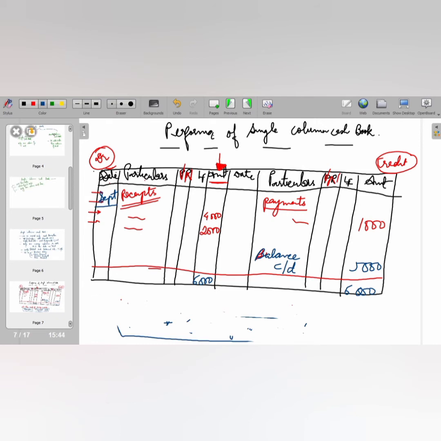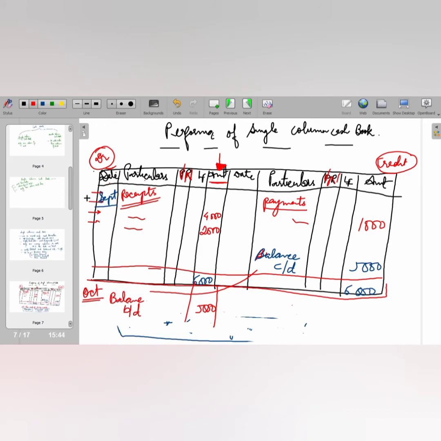So let the next month be October. In October, this amount will be brought down here in the debit balance. Balance BD, and the amount is 5,000. Fine. This is the total amount. Don't confuse this.